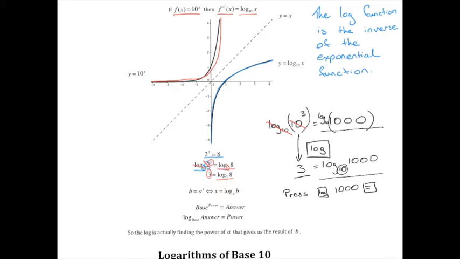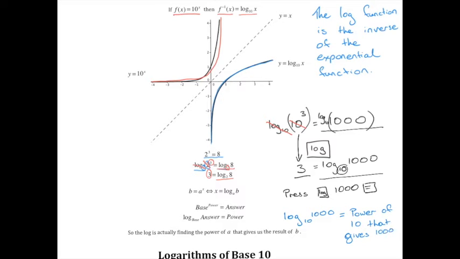So you can see that it worked because it found the right answer of 3. But also, what this expression here that I'm writing in blue is asking for is the power of 10 that gives 1,000.